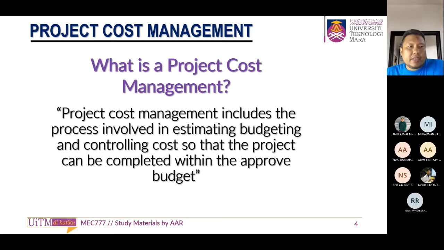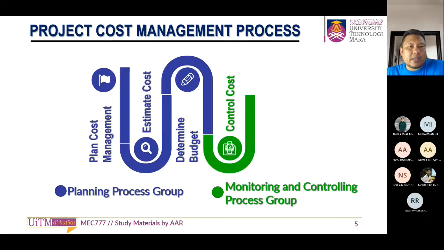In project cost management, we have 4 processes, but the 4 processes actually group under planning and also monitoring. We do have closing, we don't have execution. So for cost, we only plan and we monitor the cost. Only 2 process groups are involved.